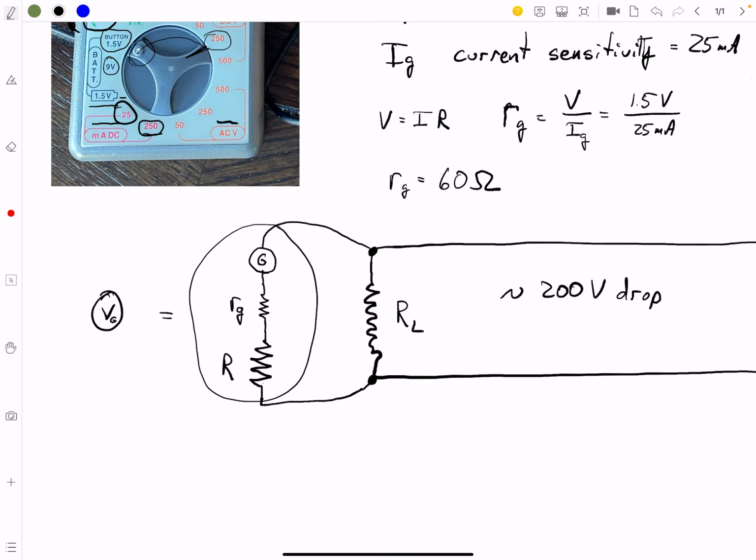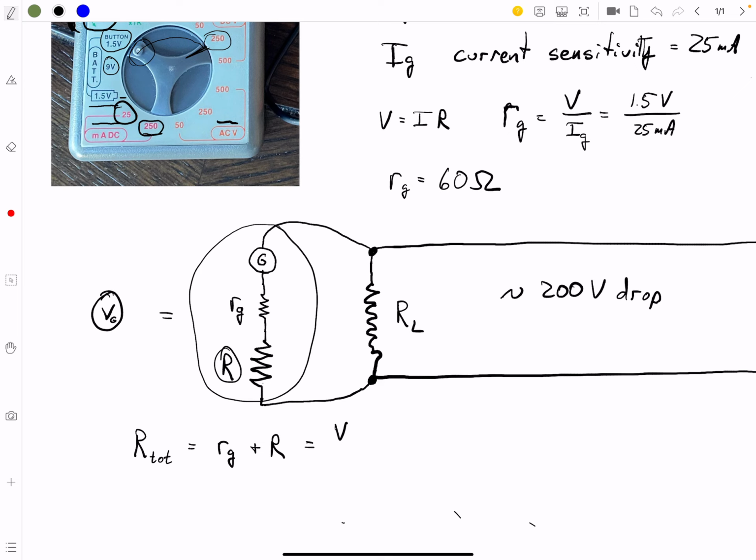We want to find out what this R is. So if we say that the R total is equal to our RG plus our R, and then that equals the V that we have selected.